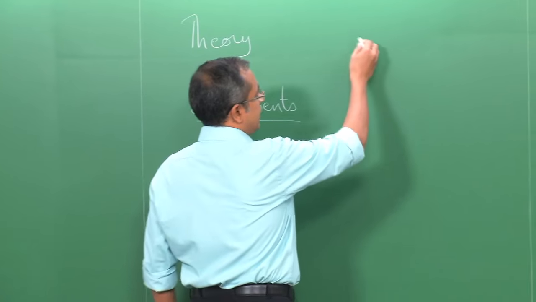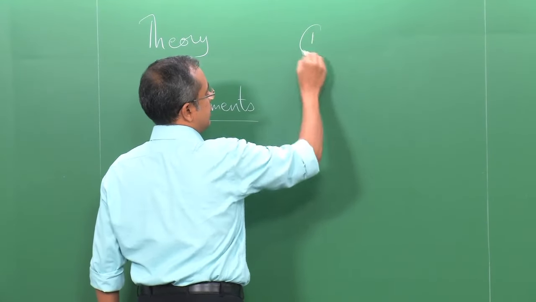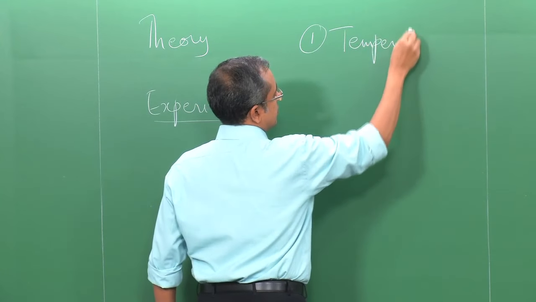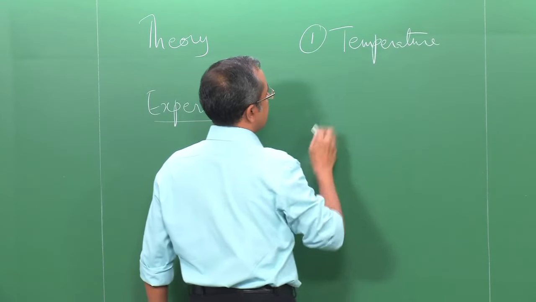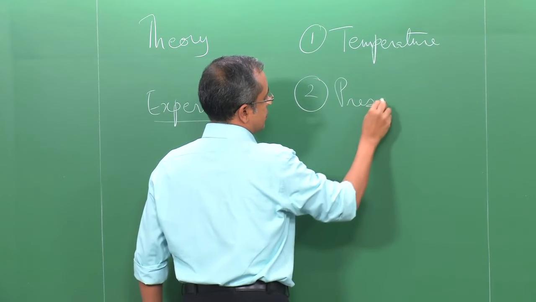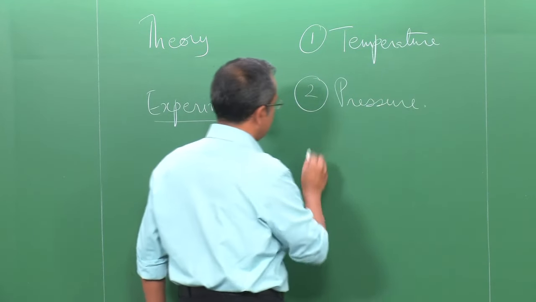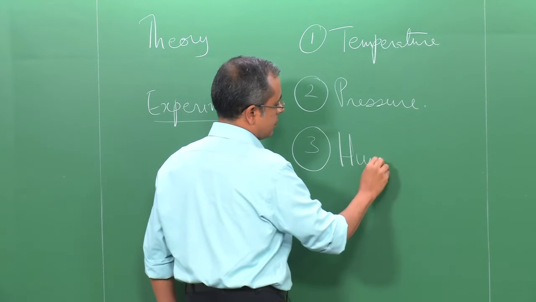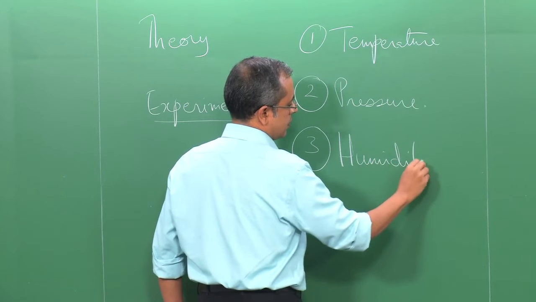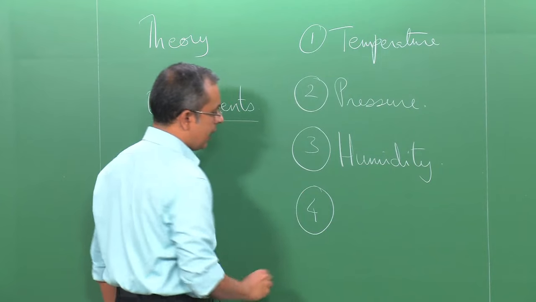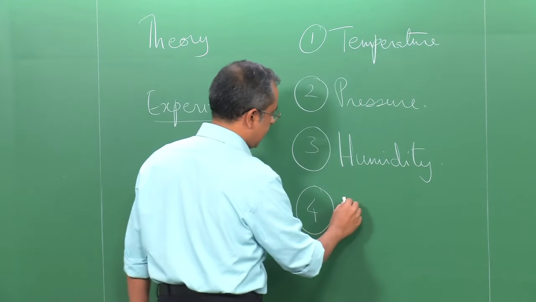The ones that we often encounter are temperature, pressure, humidity, and then electrical quantities such as current or voltage.